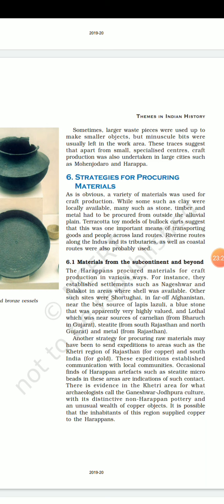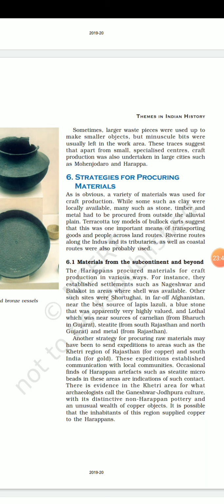But minuscule bits were usually left in the work area. Even after using all those things, some raw material was left over there, and these things were left for a long period of time.